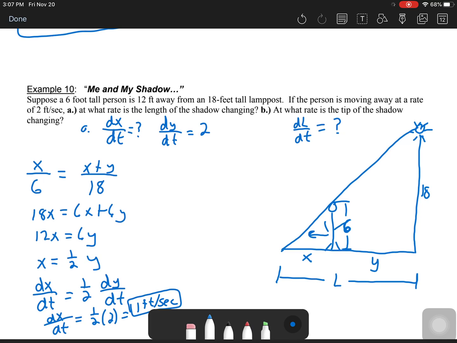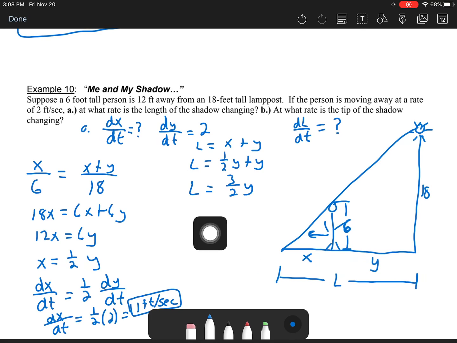Now, L, what we can say for that one, since x is equal to 1/2 y, and then this piece here is just y, you can probably see that if I want to write an expression for L in terms of y, I would have 1/2 y plus y, because it'd be x plus y, and making a substitution for x, which is 1/2 y, then I can say that L is 3/2 y.